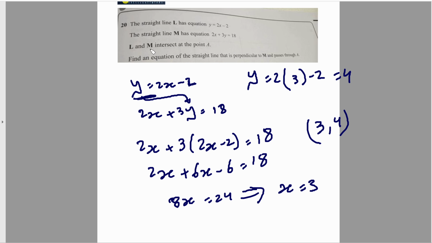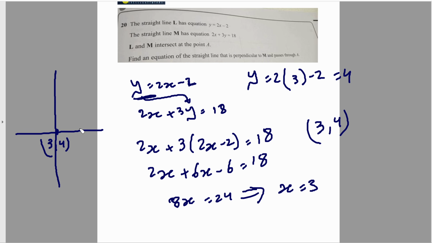If I draw that to help me, the straight line here, the point on it here, 3 and 4. And he says, find the equation of the straight line that is perpendicular to M and goes through 3 and 4.